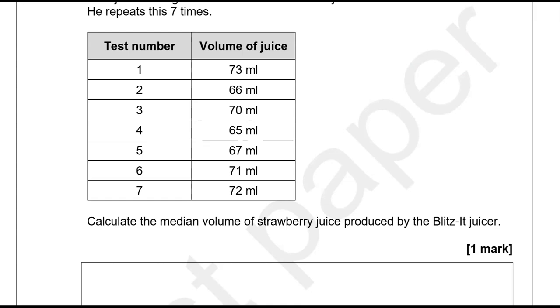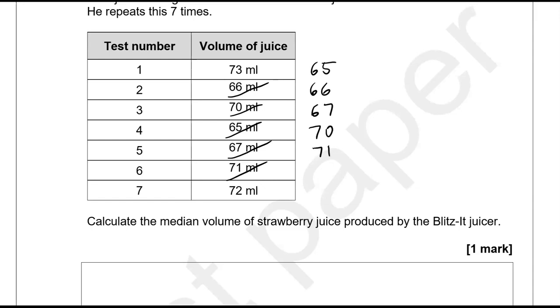So the median, we're going to put them in order. I'm going to start from the smallest to the biggest: 65, 66, 67, 70, 71, 72 and 73.